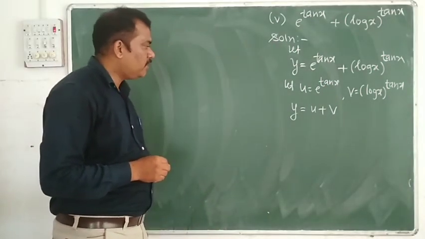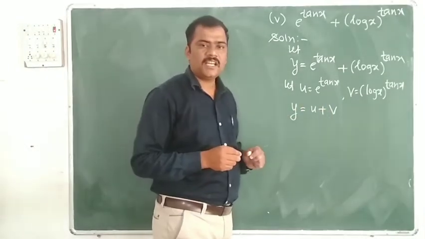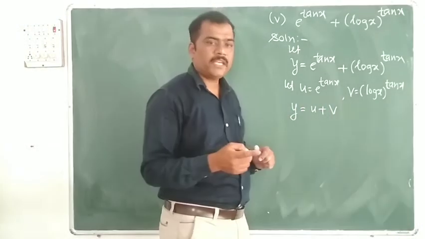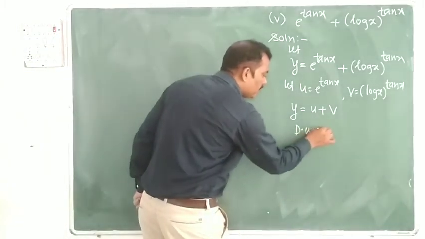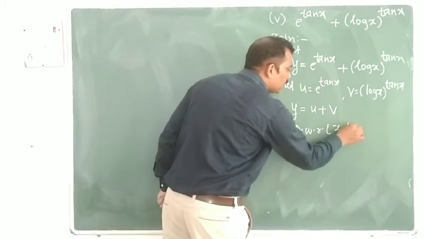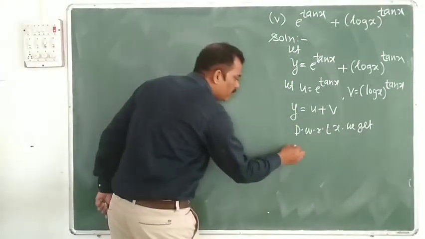Okay, now we have to differentiate this with respect to x, because y, u and v, all these three are functions of x. So we have to differentiate with respect to x. Now what is the differentiation of y with respect to x?